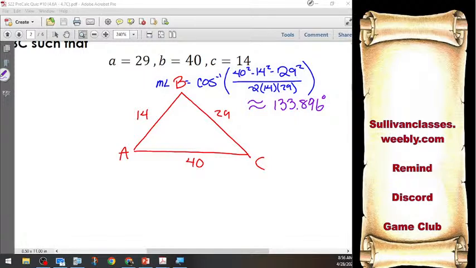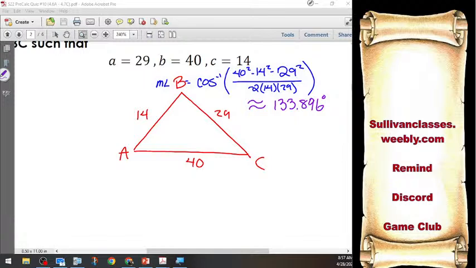If I found A first, I would then find C by law of sines so that I could subtract from 180 to get the obtuse angle. Because if I did the law of sines after that to find B, I'm not getting 133 and change. I'm getting its reference angle of 46.2-ish. Okay? And that's going to throw the whole triangle out of whack. So just remember, law of cosines for the big angles, law of sines for the small angles.